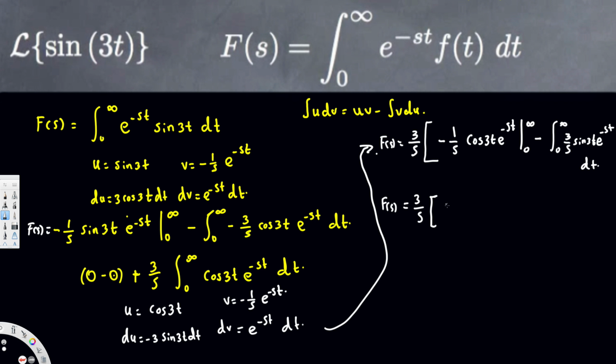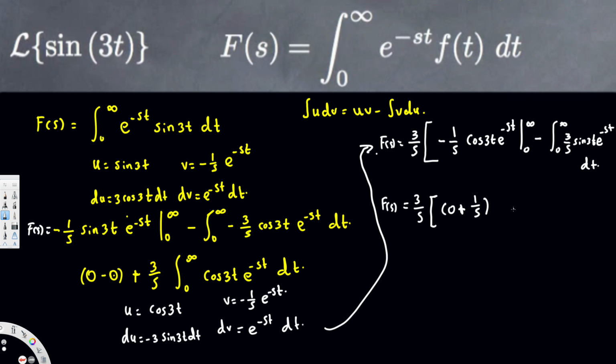So here we are going to have 0, then minus, if you plug 0 for this one, e power 0 is going to be 1, and here we are going to have cos 0, because 3 times 0 is 0, so cos 0 is also 1. 1 times negative 1 over s is negative 1 over s, so minus that is going to turn into plus 1 over s. Okay, so this is for this one.